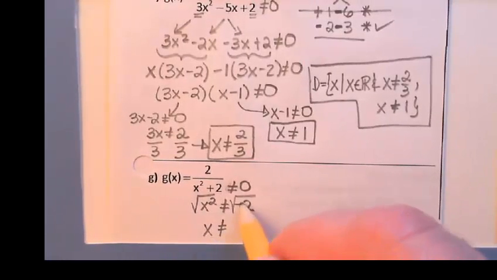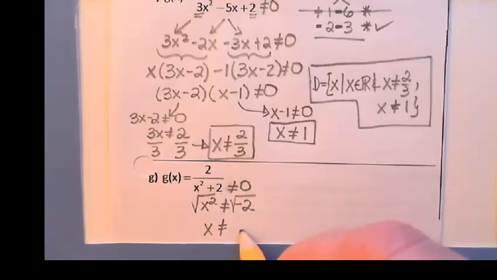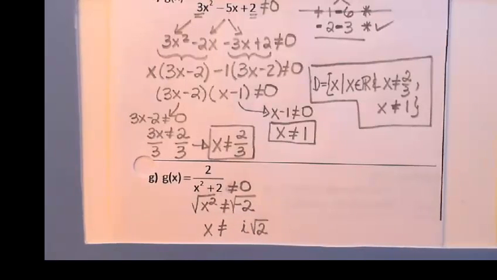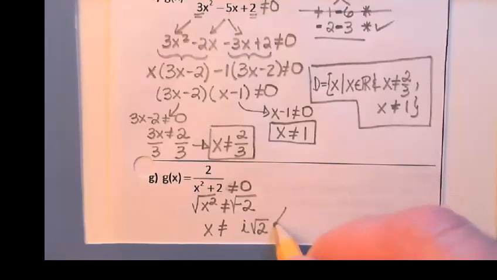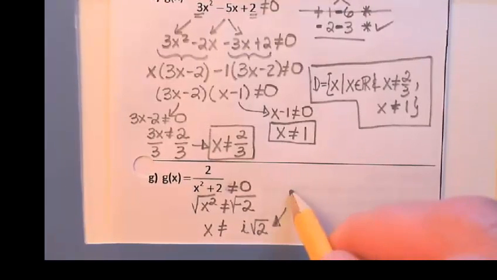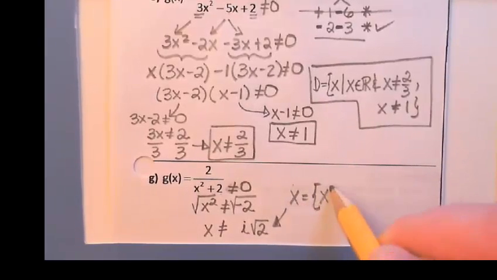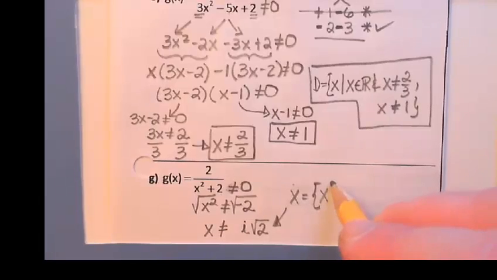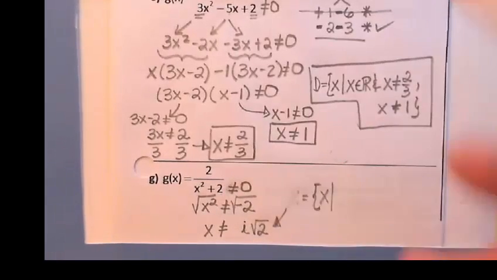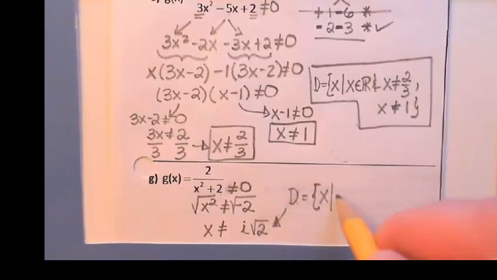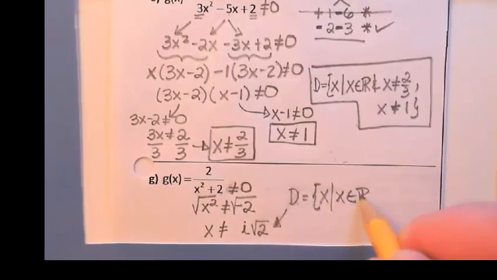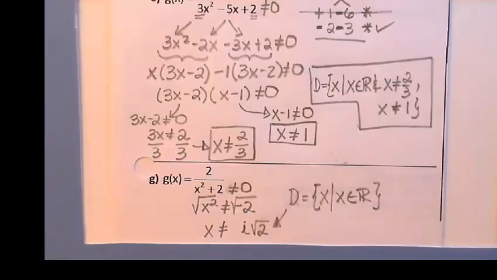So the negative comes out of the radical as a letter i, and the answer would be i square root of 2. And because this is not a real number, the domain equals x such that x belongs to all real numbers and there's no restriction.